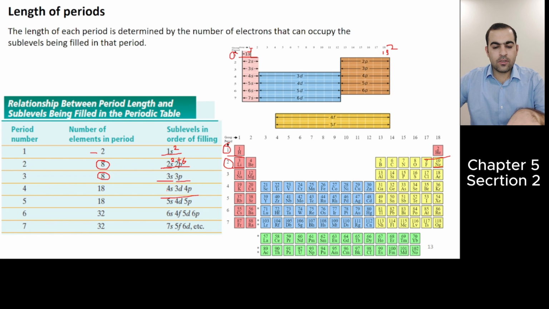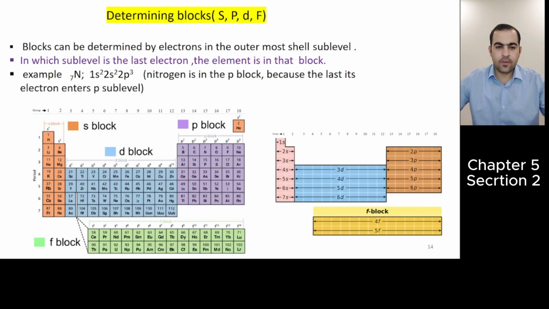The number of electrons equals 18, so there are 18 elements in that period. Okay, this is the relation between length of period and electron configuration.